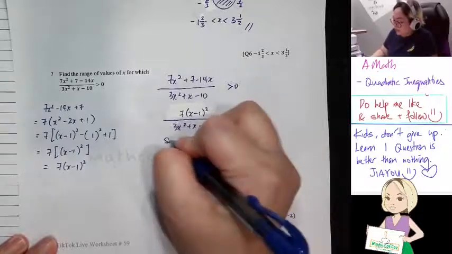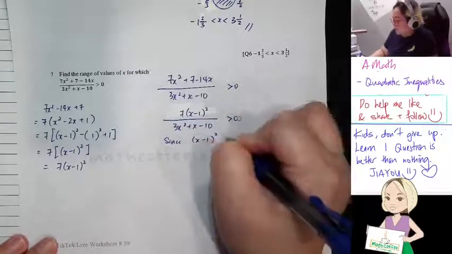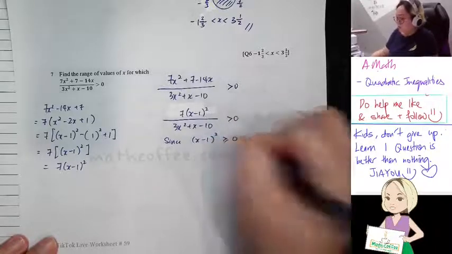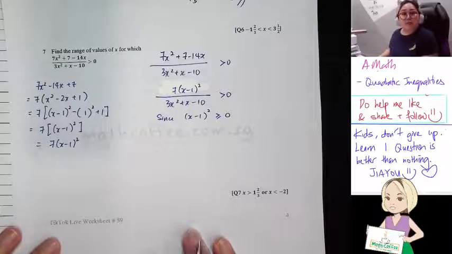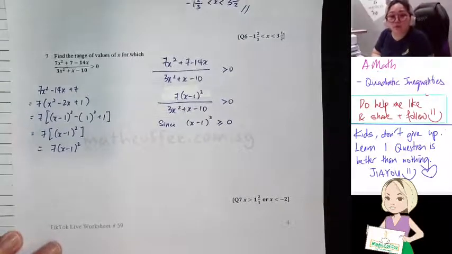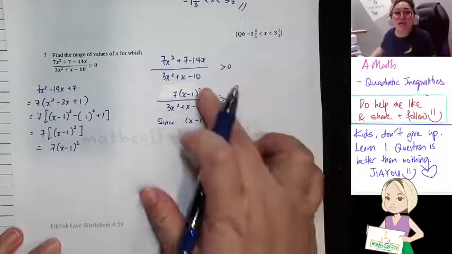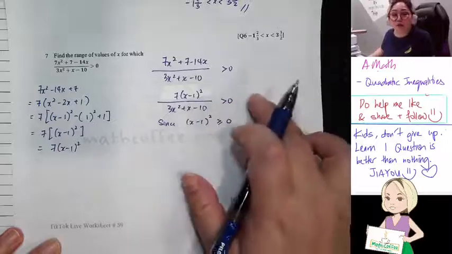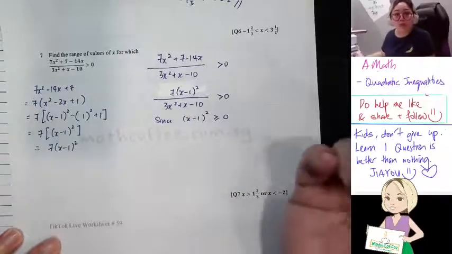Since (x minus 1) square is always more than or equals to 0, in other words, the numerator is always a positive number already, agree? So in order for this whole thing to be positive, I have to make sure that my denominator remains more than 0, agree?